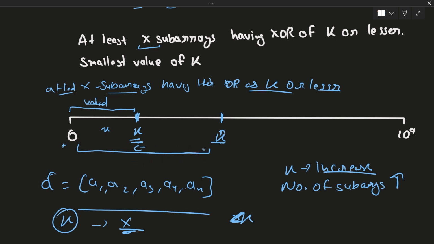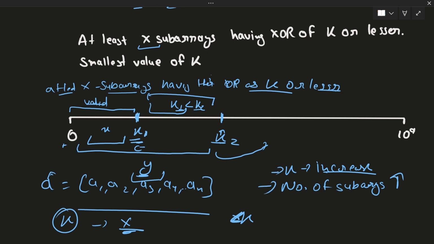Now let's say it has some y subarrays, but this x number of subarrays is also included in these y subarrays, right? Because let's say this is k1 and this is k2, and k1 is lesser than k2. So all the subarrays that have a XOR up to k1 will also fall into k2, right? They will also have a XOR lesser than k2.